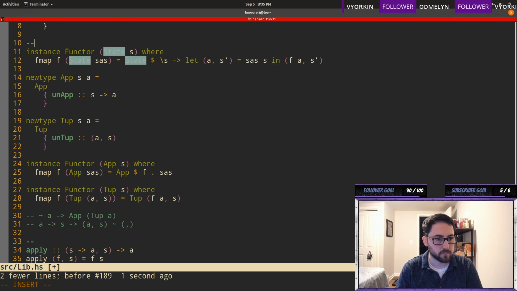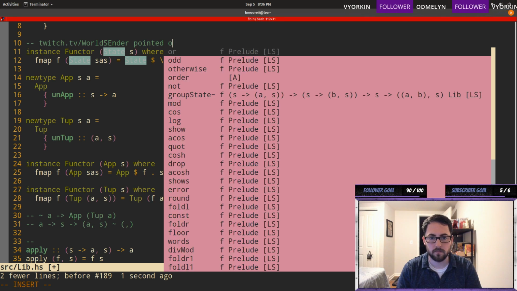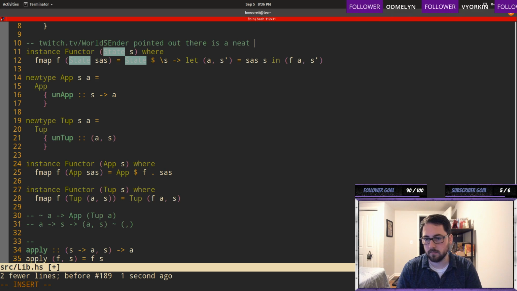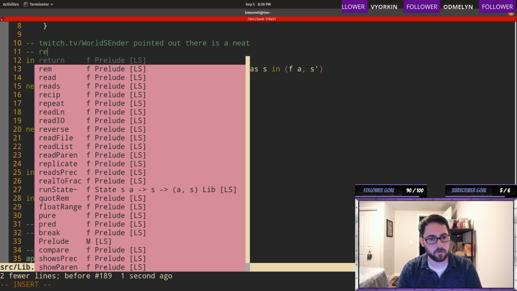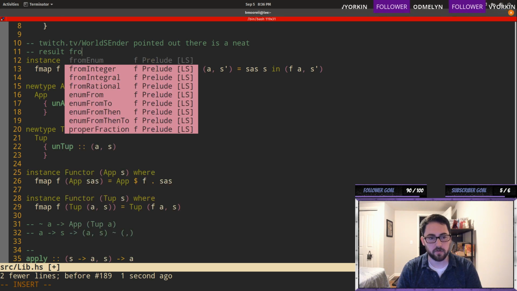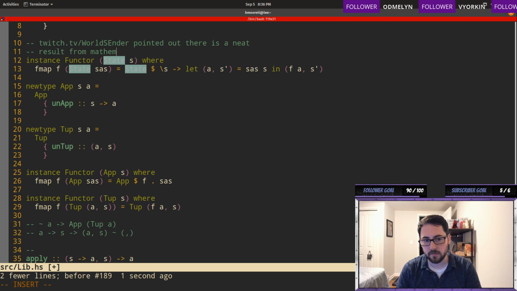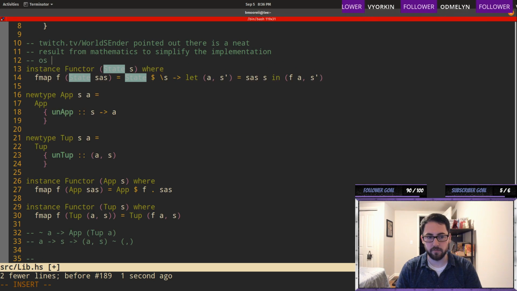So I'm gonna write your name in here. I hope that's okay. What should I call this? A neat result from mathematics? Simplify the implementation of state?